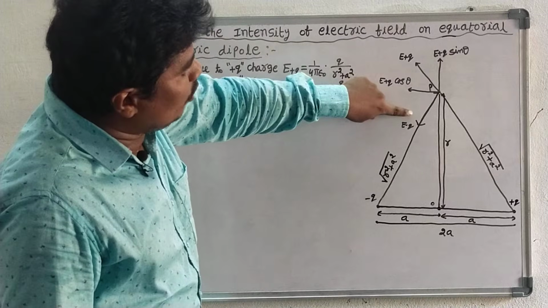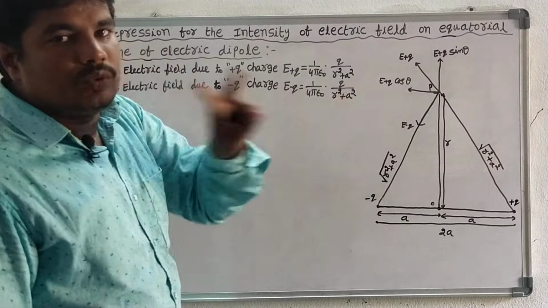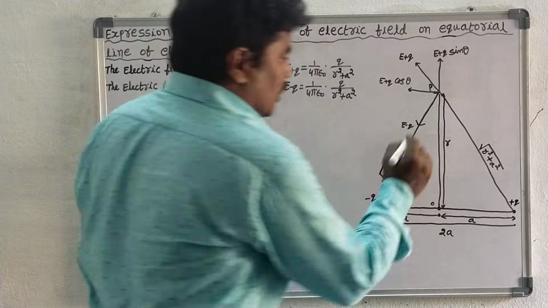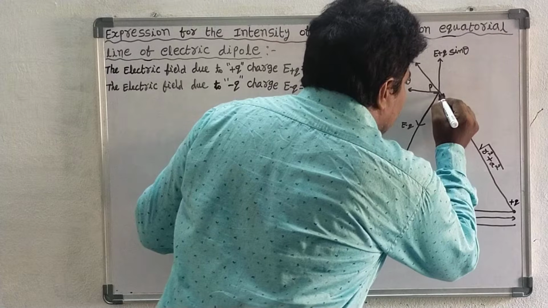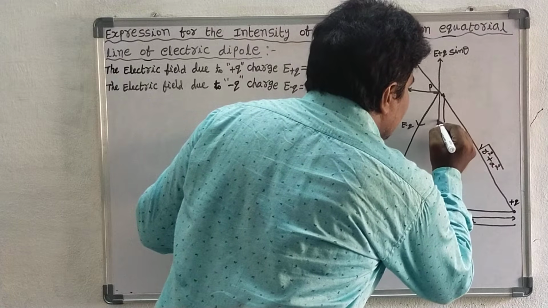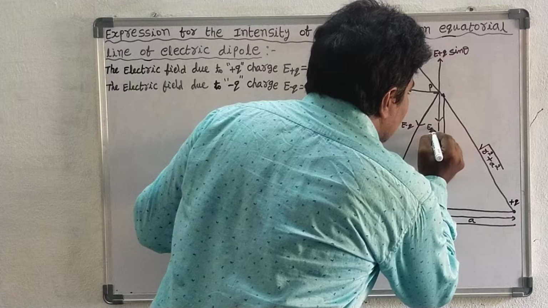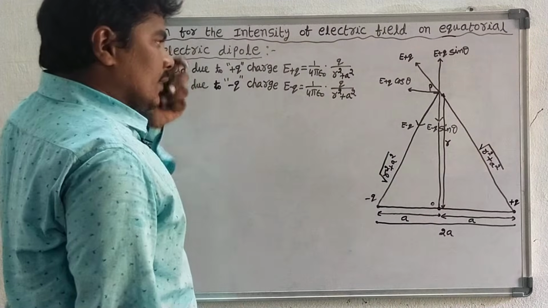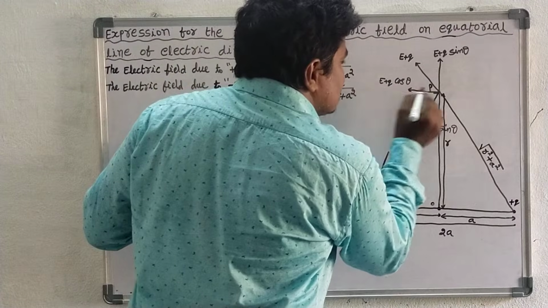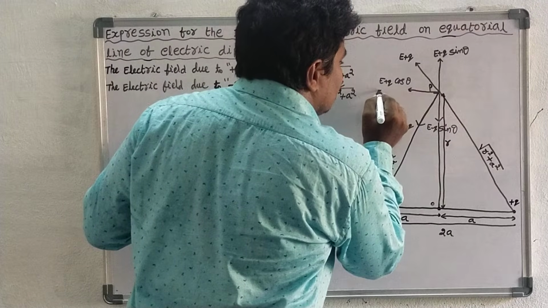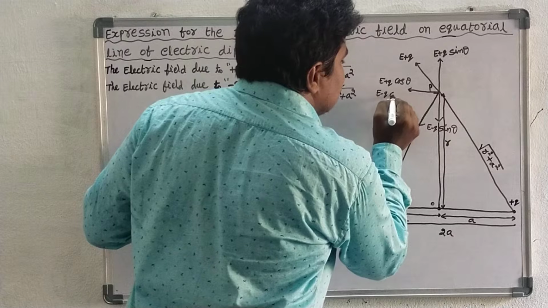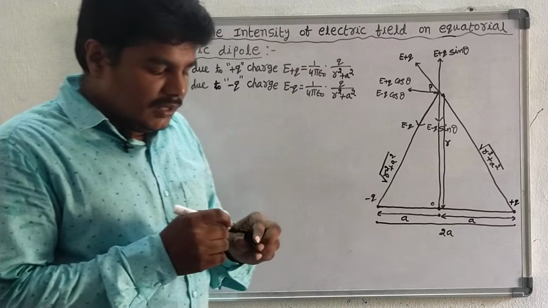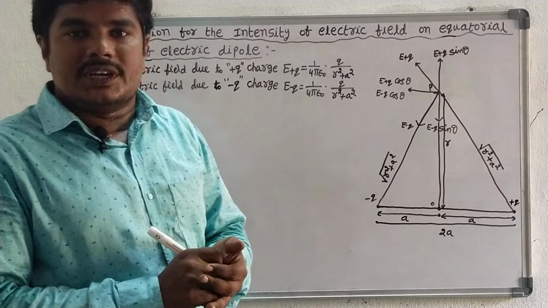Here also we resolve this E minus Q into two components, vertical and horizontal. The vertical component is E minus Q sin theta. The horizontal component, in this direction, is E minus Q cos theta. So like that we get horizontal and vertical components.